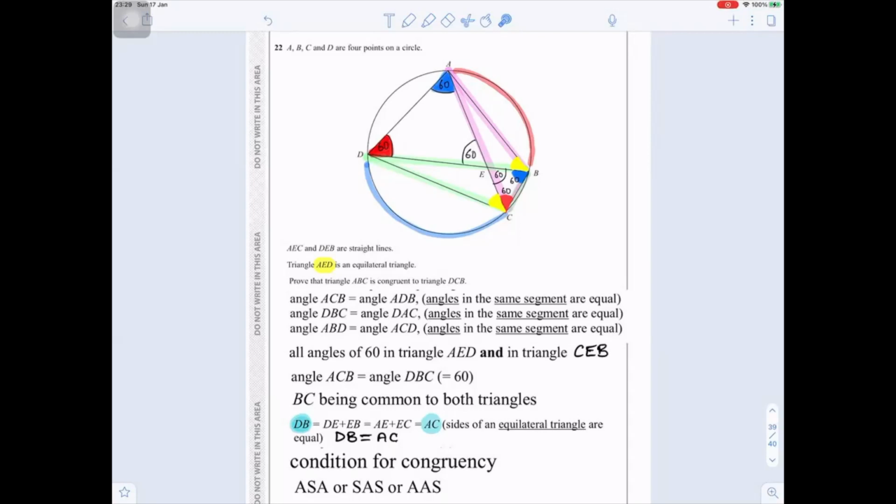DB is equal to DE plus EB, or AE plus EC equals AC, the sides of an equilateral triangle. So the condition for congruency is 2 angles and a side. So you can say ASA or SAS or AAS. So 2 angles and a side are the same. That's why they are congruent.